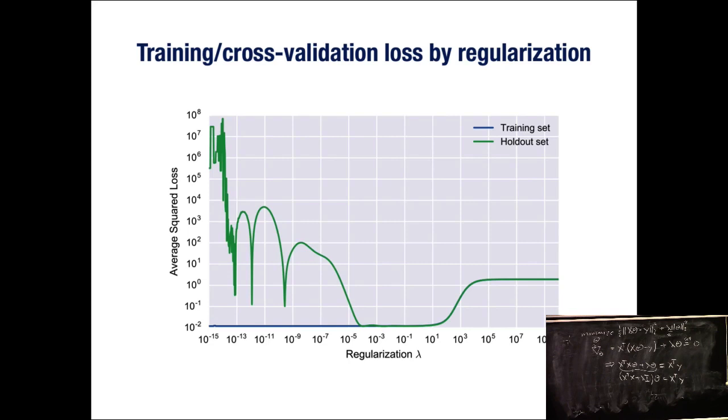So what I'm showing here now is the value of the average squared error on the training set and the holdout set for different values of lambda. It's important to see what's happening in this plot. First of all, these things are not smooth, right? It's not a nice smooth function here.